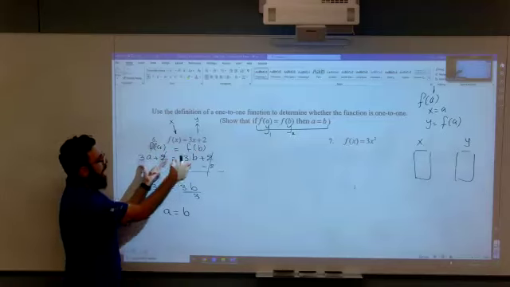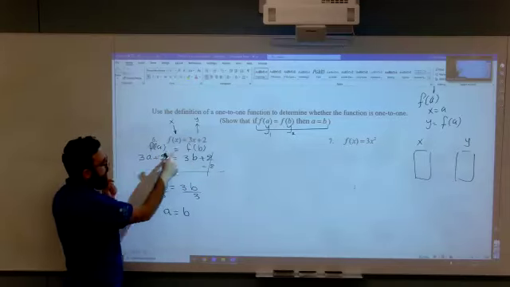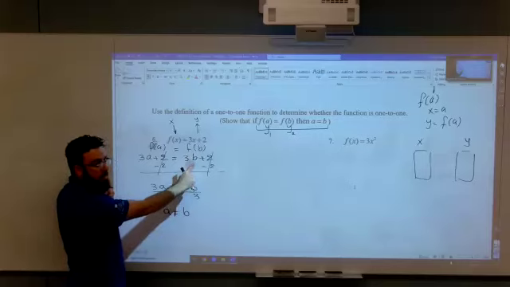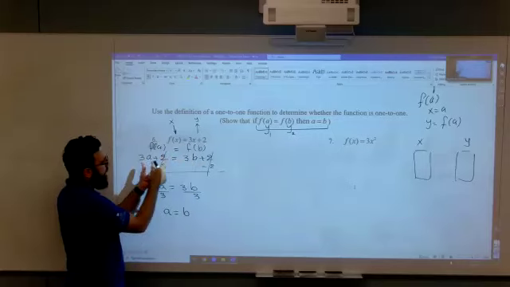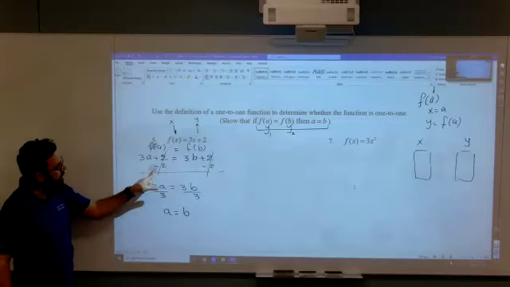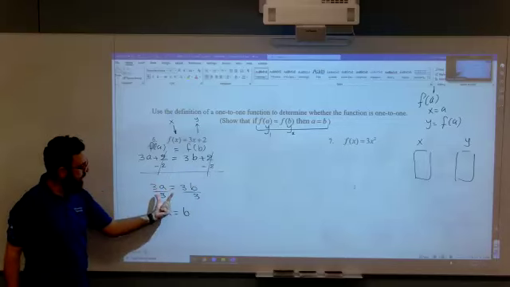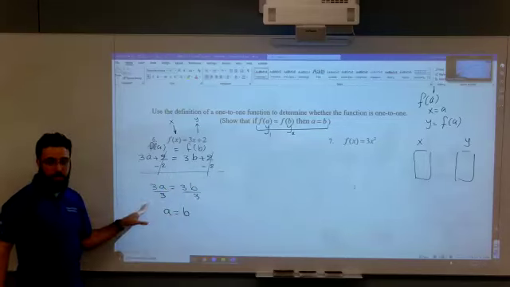I'm gonna look at the shape of the function, just change the x with A and change the x with B. That means f of A equals f of B. Then I need to solve it. Yes, if I took away 2 from both sides, it's gonna be 3A equals 3B. Can I divide both sides by 3?